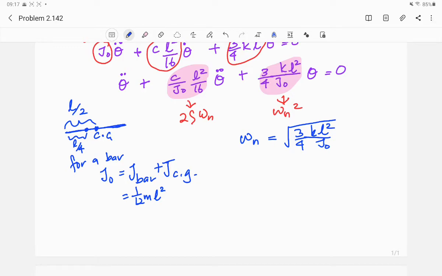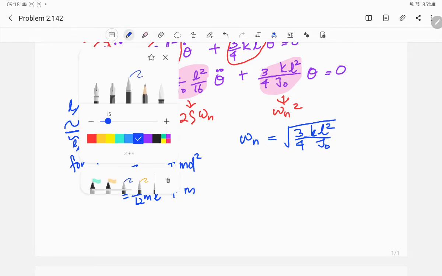And this J for your center of gravity. The J bar is basically the standard J from the table at its center of gravity, which is 1 over 12 ml square. You can find this from the table. And then the md square is just the mass of the bar times d square.